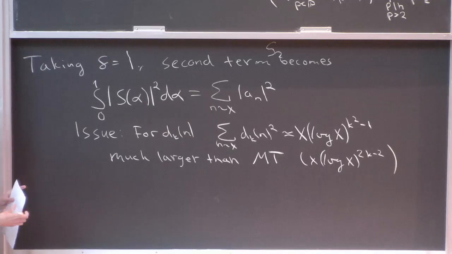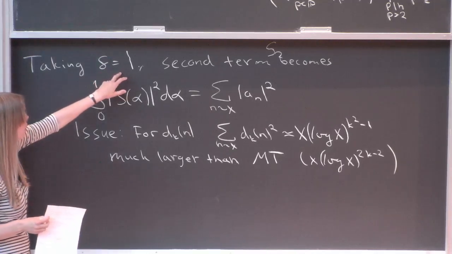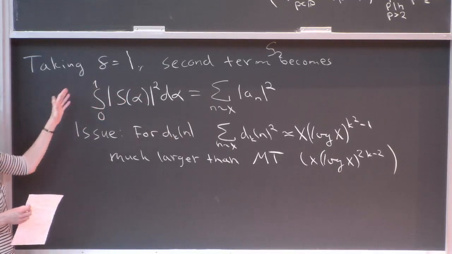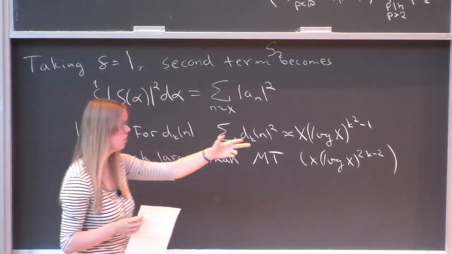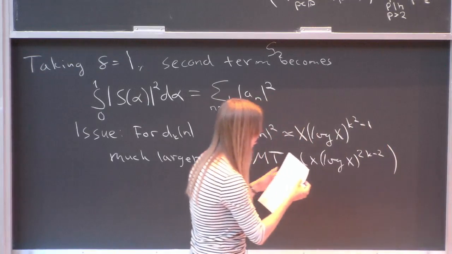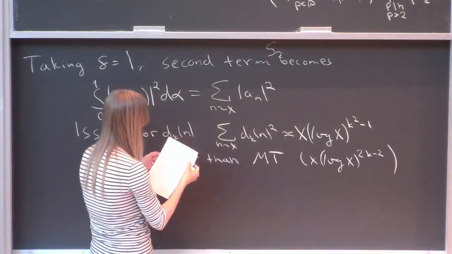And that's why we can't take delta equal to 1 in that case, because we get into trouble by this Parseval bound. But we can take delta equal to half in that case, and then we have a 3/2 moment there, and we can handle it.